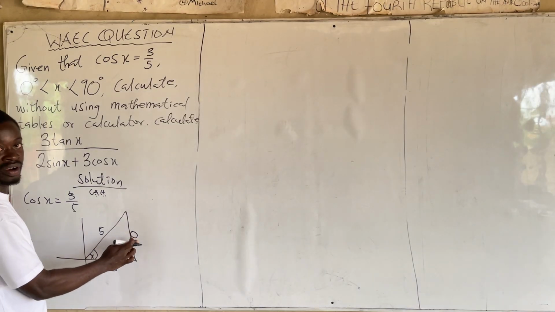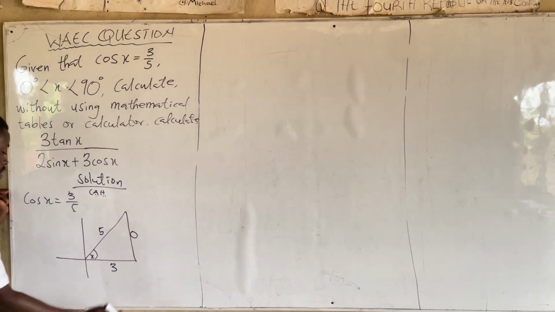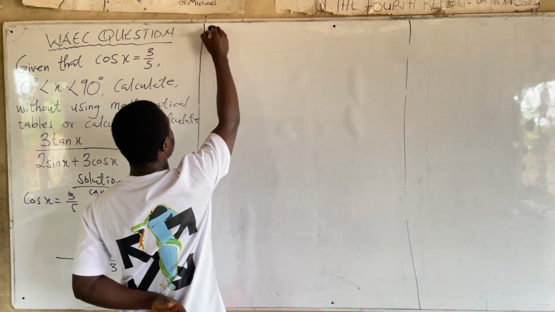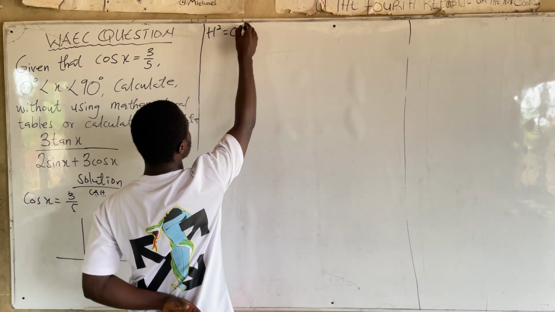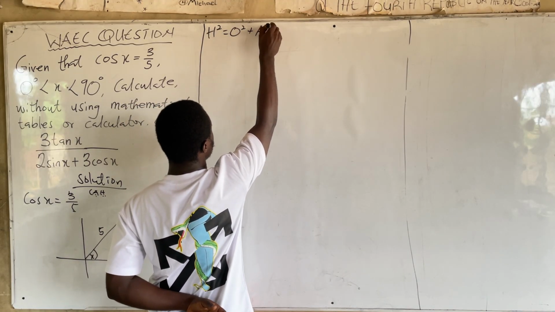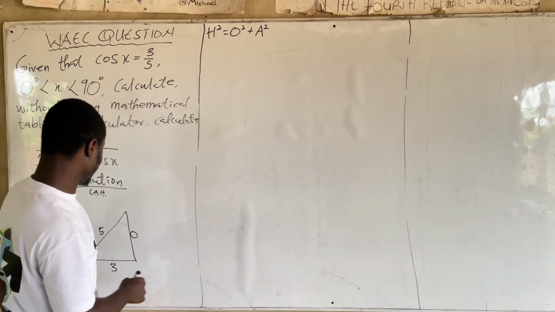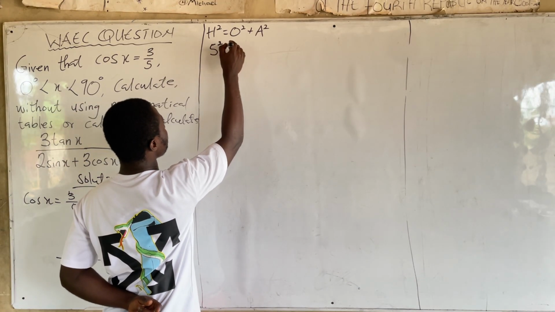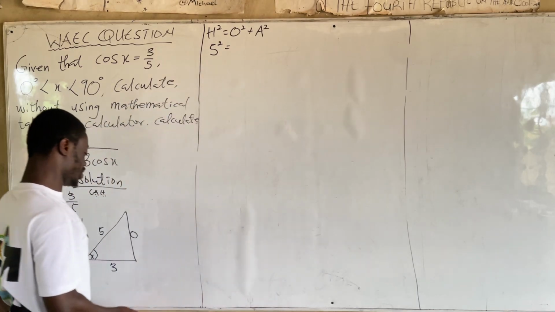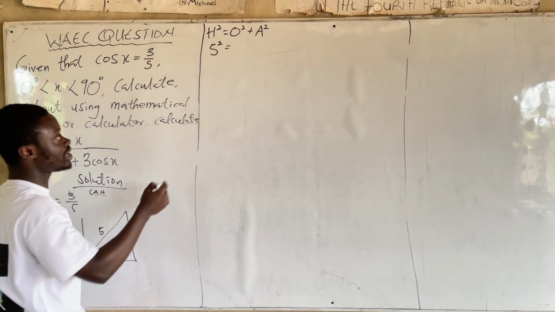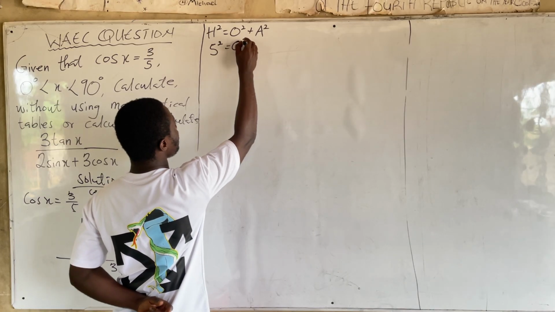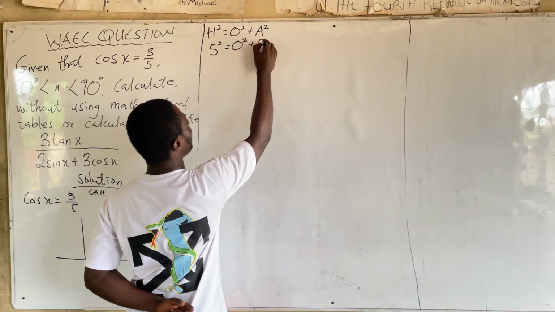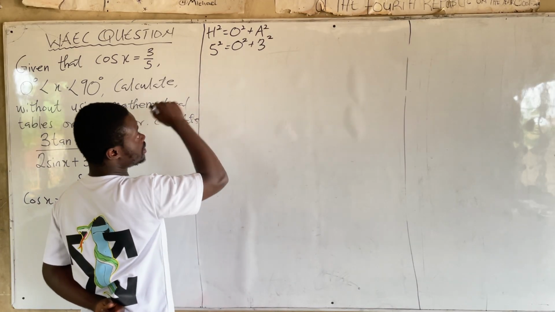So let's use Pythagoras theorem to find the value for O. From Pythagoras theorem, we know that hypotenuse squared equals opposite squared plus adjacent squared. The hypotenuse, the longest side, is 5, so we get 5 squared equals opposite squared plus adjacent squared. We do not have the value for opposite, so let's leave the O there. O squared plus adjacent, which is 3, so 3 squared. Let's group like terms.